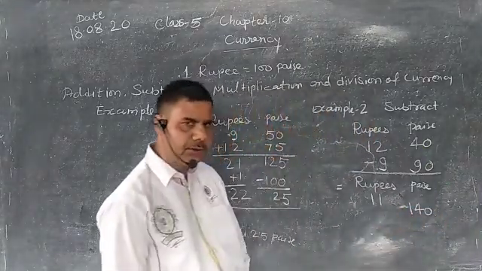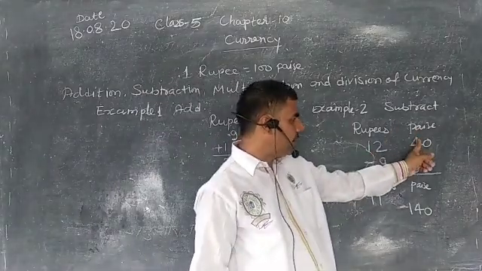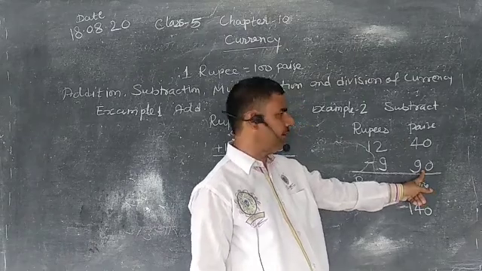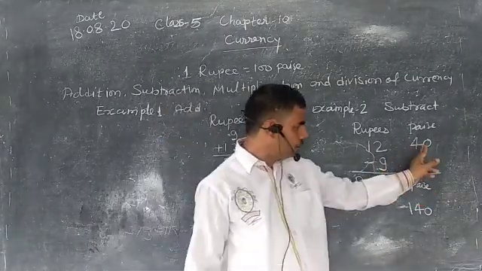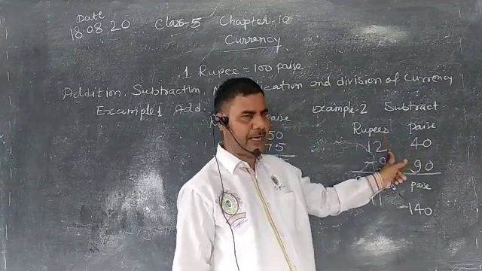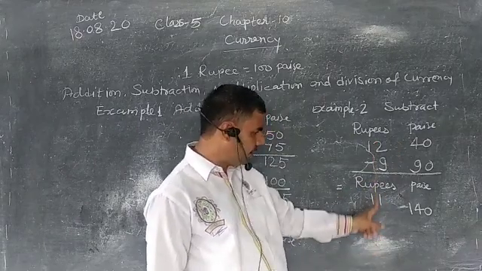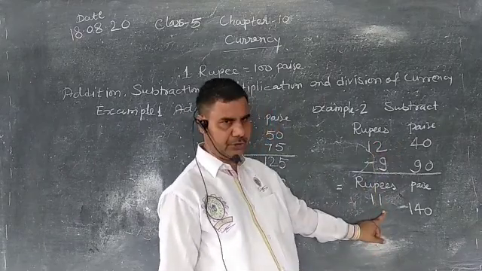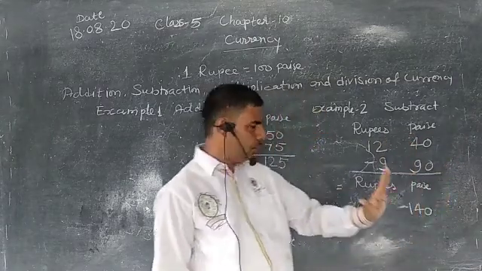Have you understood? We cannot subtract 90 from 40. So take 1 rupee, borrow from the rupees column and make a new column. And the new column is 11 rupees, and 100 paise is transferred to the paise column.